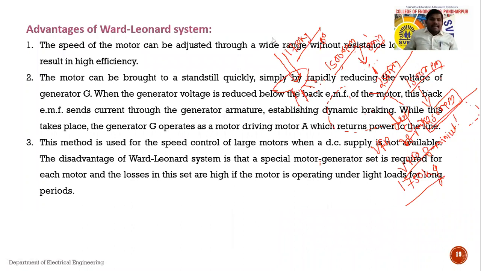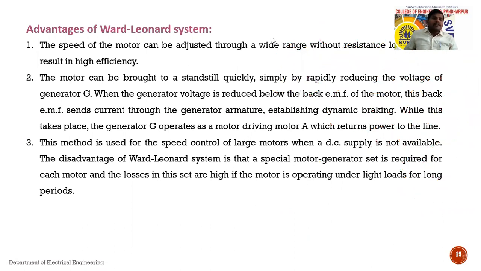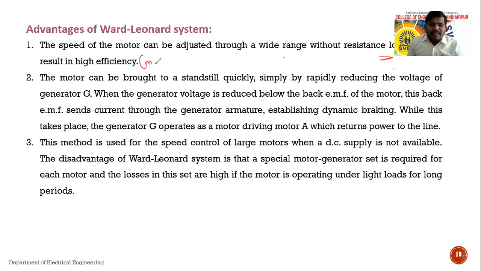Some of the advantages can be given here. Advantages of a DC motor if we use the Ward-Leonard system. See, the first advantage is that the speed of the motor can be adjusted through a wide range without inserting any resistance.